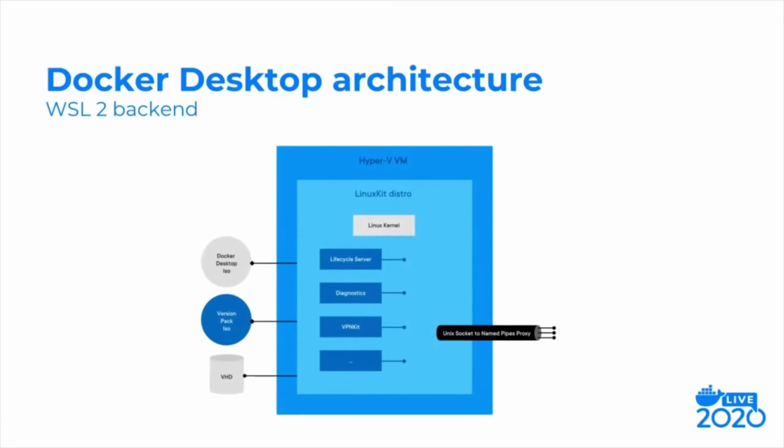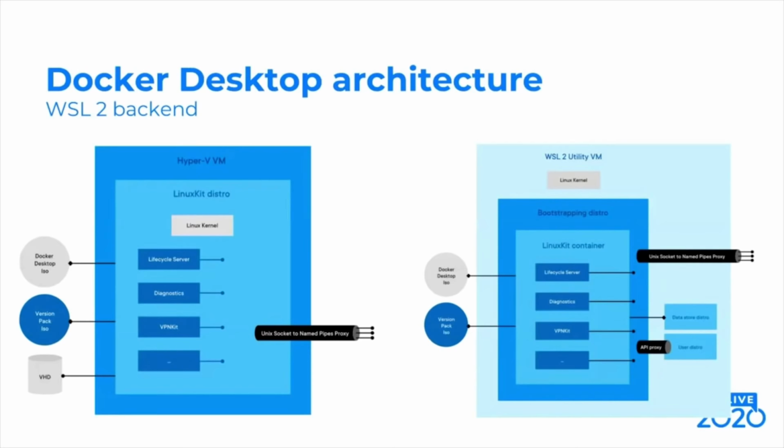And we have a very small bootstrapping distro, this Docker Desktop distro that you can see when you install Docker Desktop. And this distro is just there to create this namespace to run our LinuxKit container, which is no more a LinuxKit VM, but really a container.